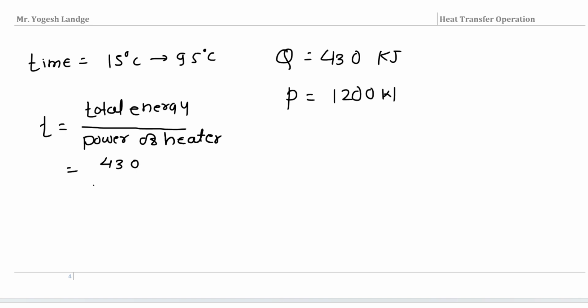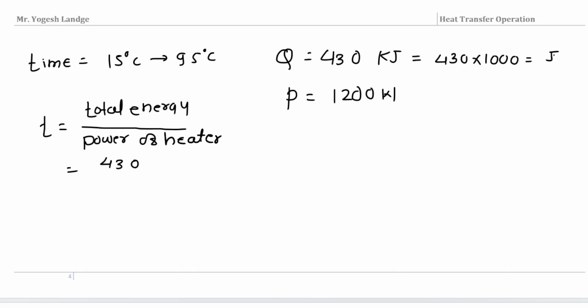And we have the power, which is in watt. So we first convert this 430 kilojoule into joule, 430 multiplied by 1000, which is in joule.